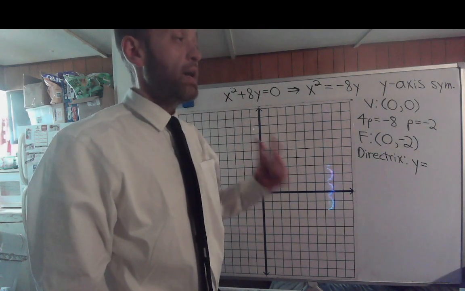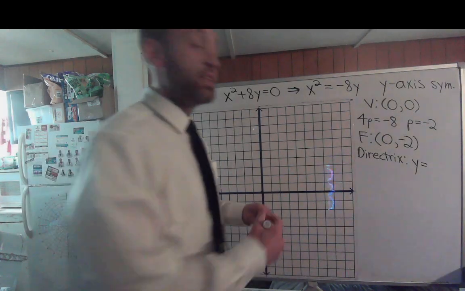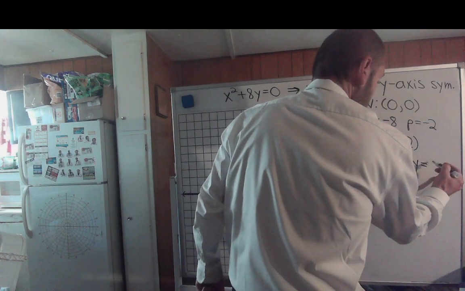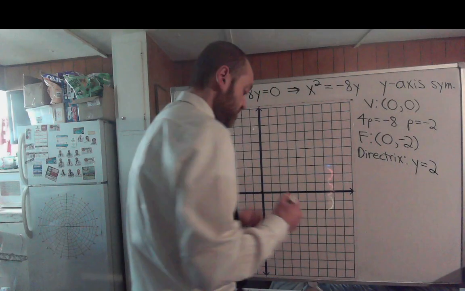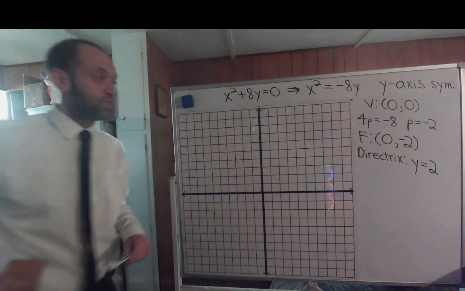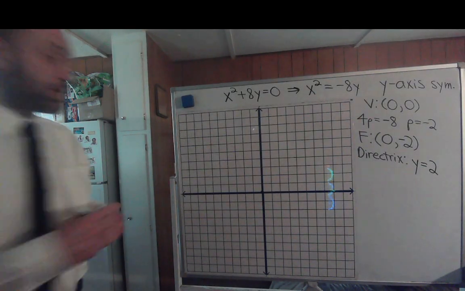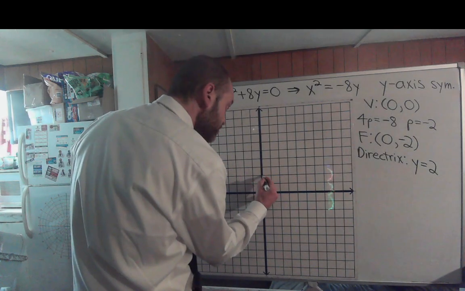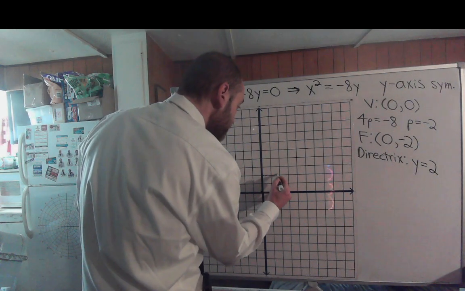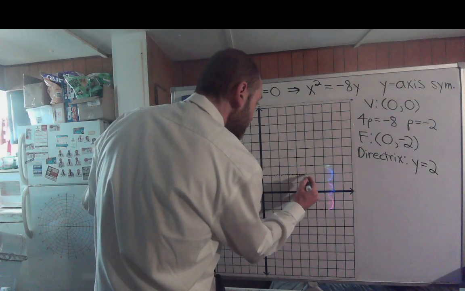So 0 minus negative 2 turns into 0 plus 2, which gives you 2. So the directrix is going to be the line y equals 2. I'll go ahead and draw this directrix. It's going to be a dotted line through y equals 2.